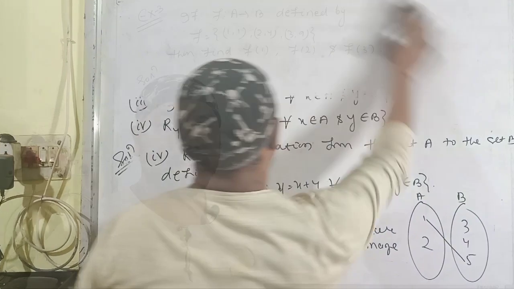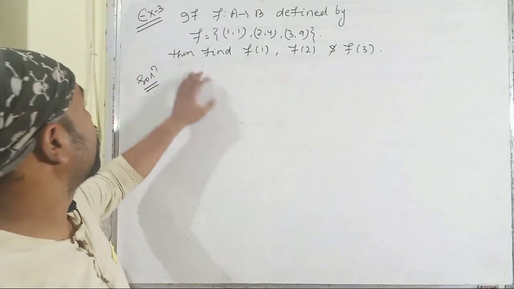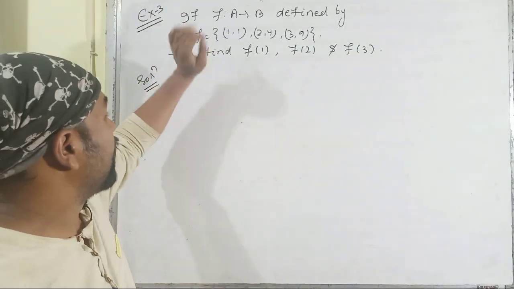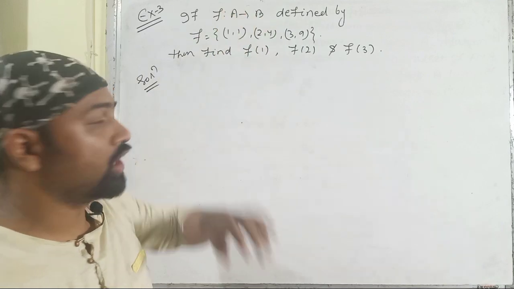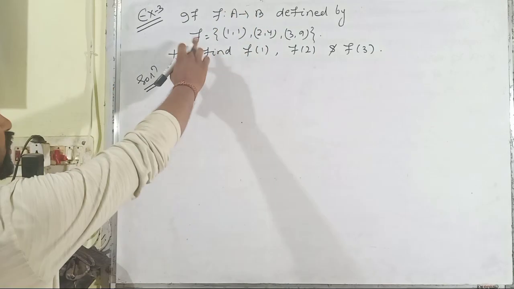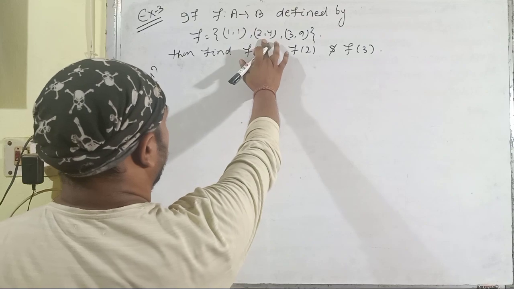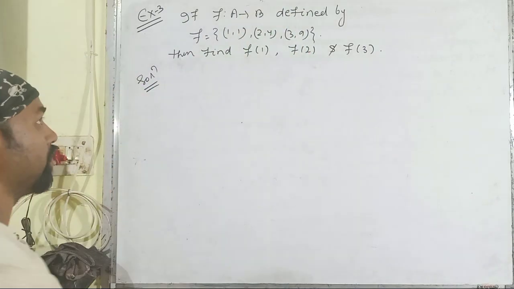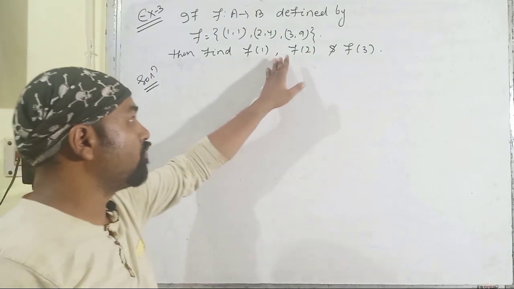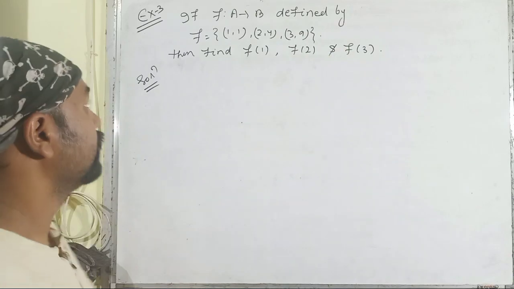So here is the last example based upon this video. If f is a function from the set A to the set B defined by f is equal to the ordered pairs (1, 1), then (2, 4), and at last (3, 9), then find f of 1, f of 2, and f of 3.